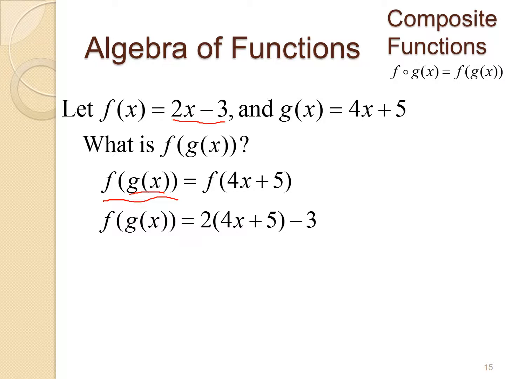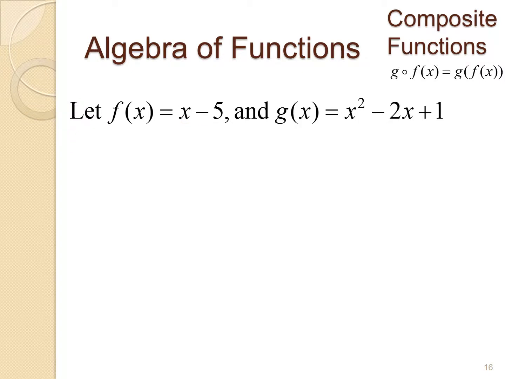We put g of x in place of this x. Now, we do the math, so to speak, of the algebra. The 2 times 4x is 8x, the 2 times 5 is 10. The negative 3 is still there, of course, so we subtract 3, and we get 8x plus 7 is the composite function, f of g of x.